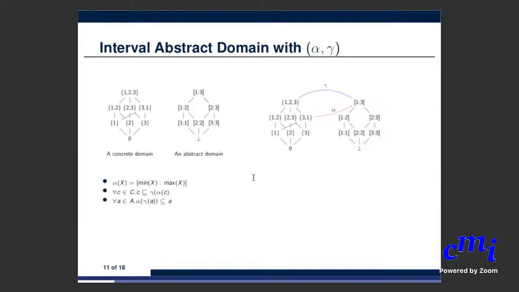Now, there's another property. Alpha can't be defined any which way you want. It has to be a monotonic function. It has to be increasing, in the sense that it preserves the ordering.